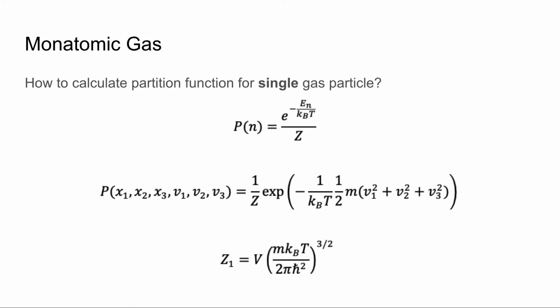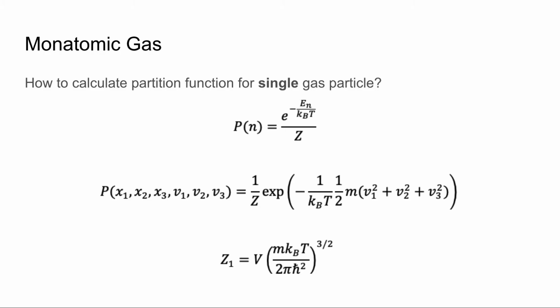What is a microstate again? It's the position and velocity of the particle. And since we know the energy in terms of position and velocity, which is just half mv squared, then we can calculate the probability of a particular microstate.